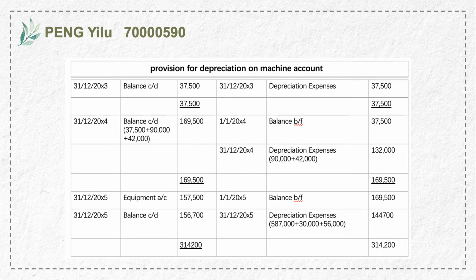And we know from the first page that the account current equals 157,500. So on 31st December 2000 X5 years, balance carry down is equal to 156,700.